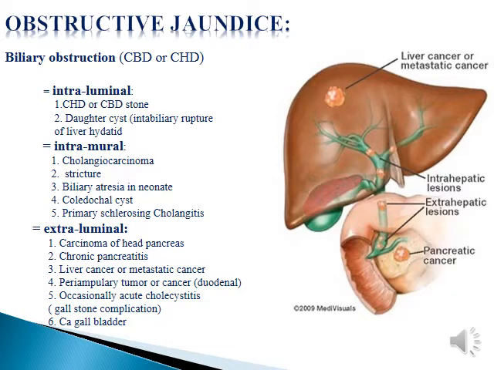Now, obstructive jaundice, the subject of our lecture. Biliary obstruction, the causes. Obstruction of the common bile duct or common hepatic duct is divided into three groups: intraluminal, intramural, and extraluminal. Either the pathology is inside the lumen of the common hepatic or common bile duct, or in the wall of the duct, or outside the wall of the common bile duct or common hepatic duct.